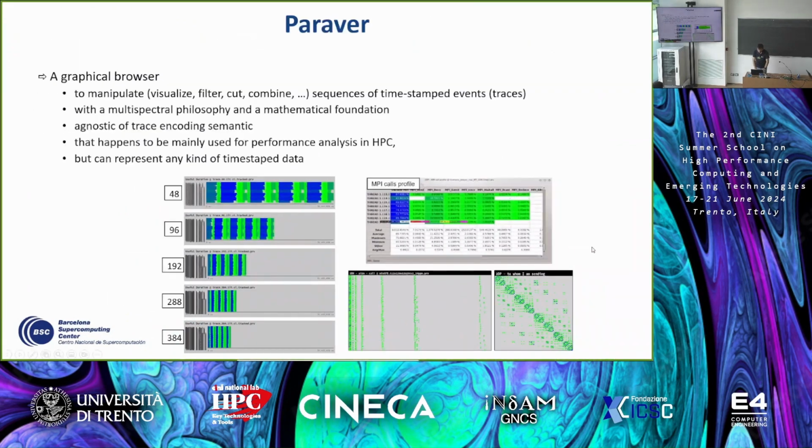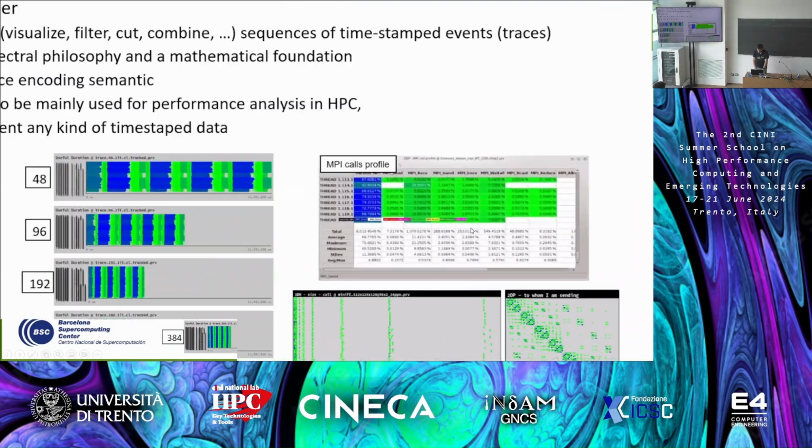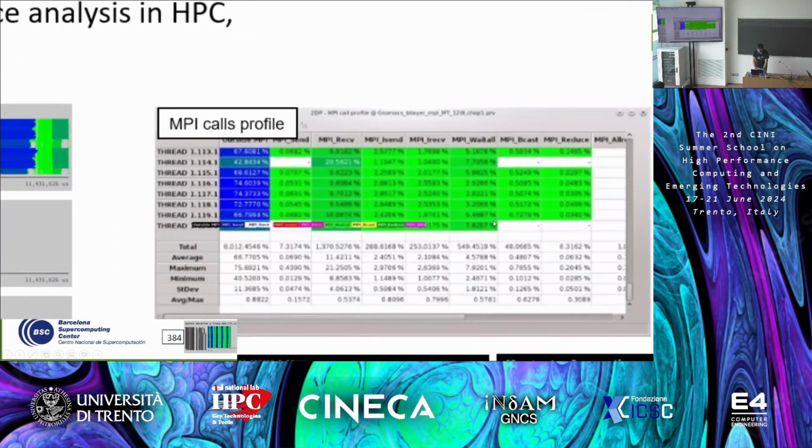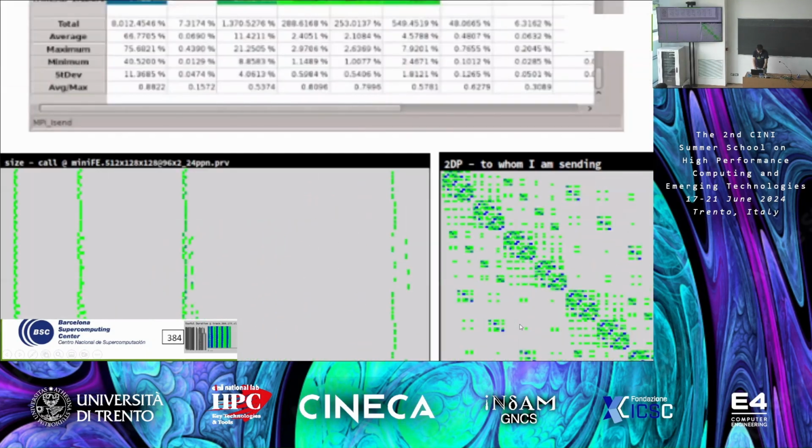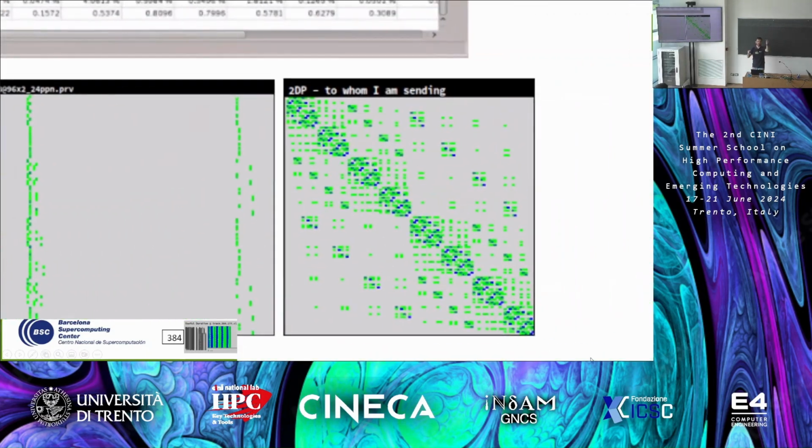Anyhow, then you can get MPI profiles, so how much time you are spending in each type of MPI send, receive, and so on. And you can have the connectivity patterns: here you have your MPI processes, and here you have your MPI processes, and there is one dot every time you send data, and the color tells you how much data you are sending, these kinds of things, okay?